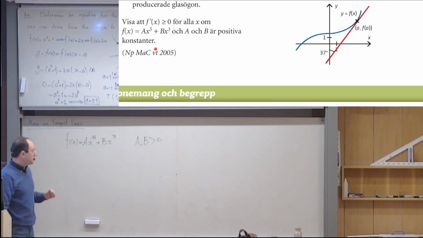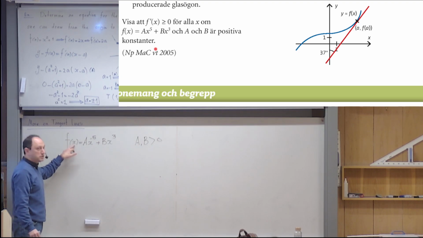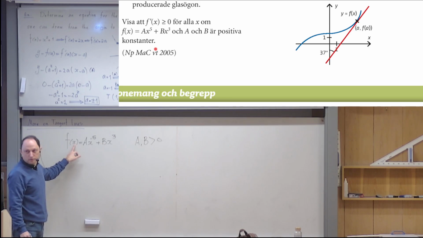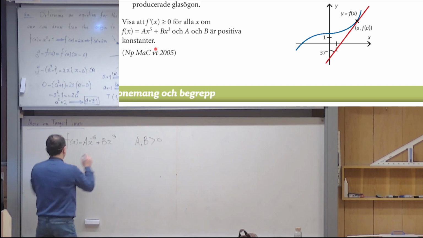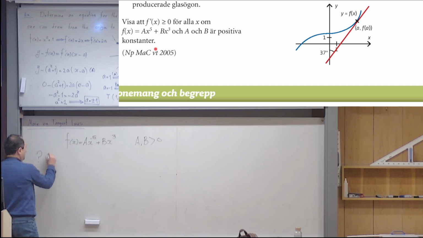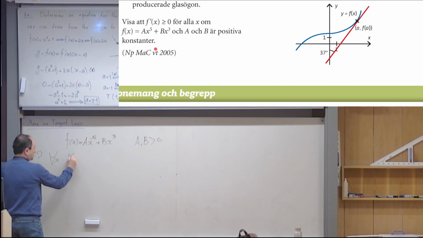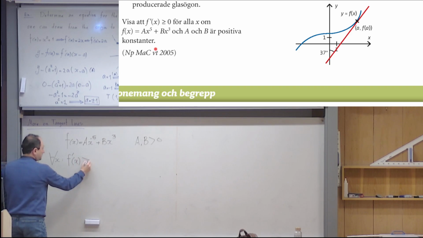We want to show that the derivative for all choices of x is positive or non-negative, not just positive. We want to show that for all x, the derivative is positive or at least equal to 0. So that's the question.